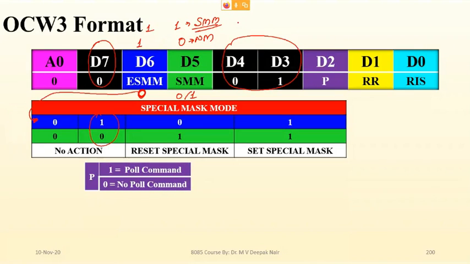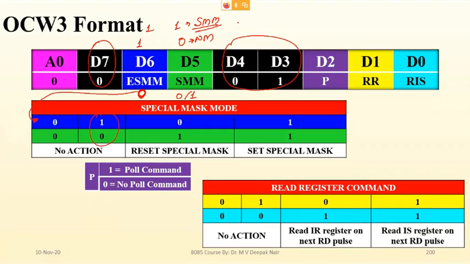This is getting too deep. P represents whether you are using polling mode or not. Leave it. Then there is the combination of these 2 bits, RR and RIS, read register and read interrupt service. I don't think you can remember all these ICWs and OCWs.